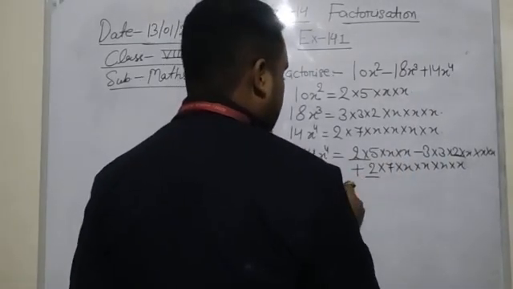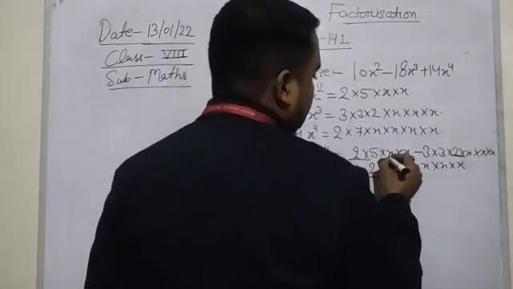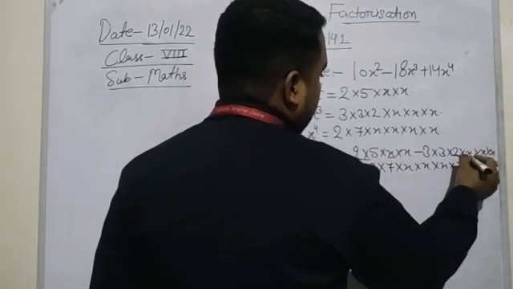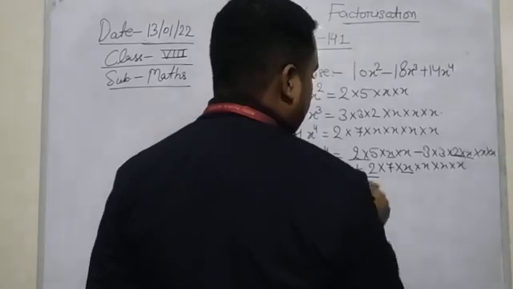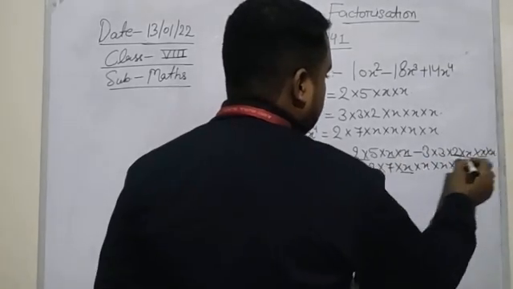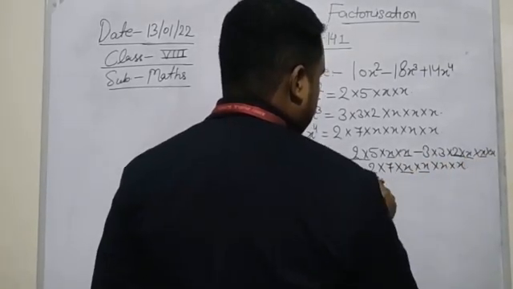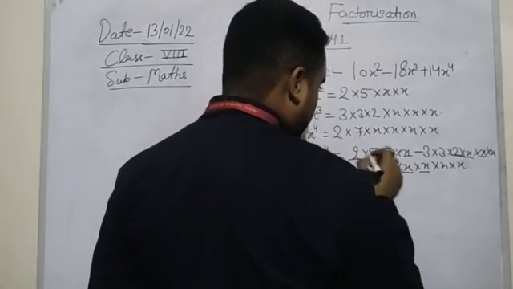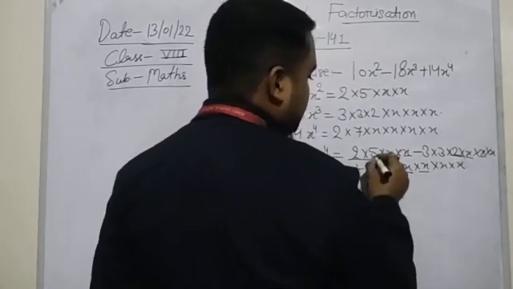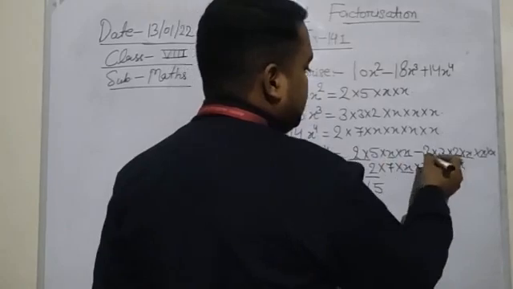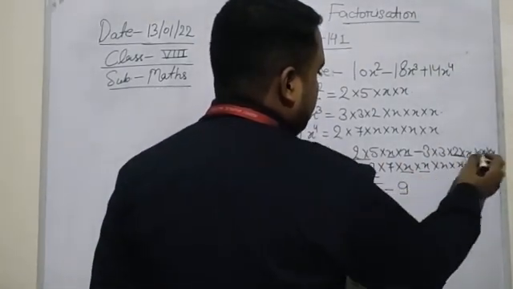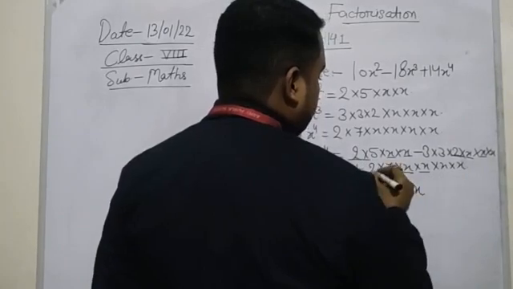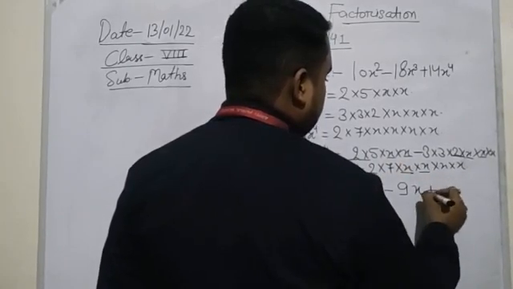So 2 is common. Now x, one time x, again x, another time. Then in the bracket, the remaining term: 5 is the remaining in the first term, in the second it will be 3 into 3, that is 9x, and in the last 7x squared.